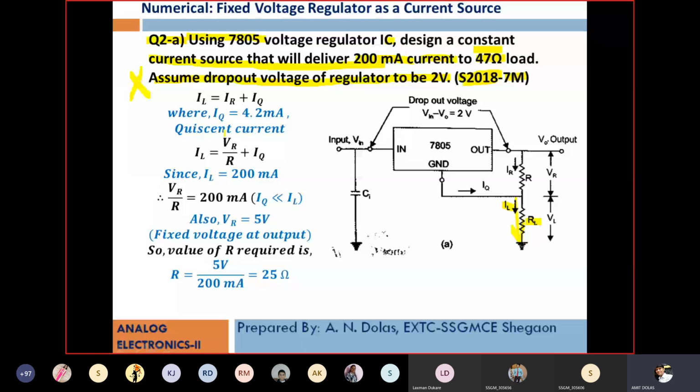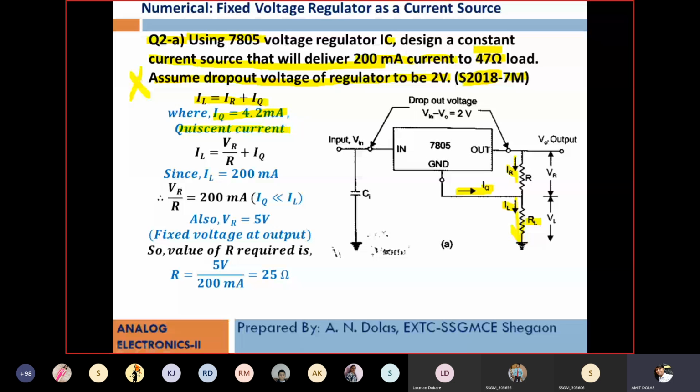Again moving to the same concept, load current is the addition of IR plus IQ. IR is the current coming from the output terminal of the IC. IQ is the current coming from the ground terminal of the IC, which is quiescent current, which is 4.2 milliampere, which is very less. Therefore, we may write IL is equal to VR by R plus IQ.